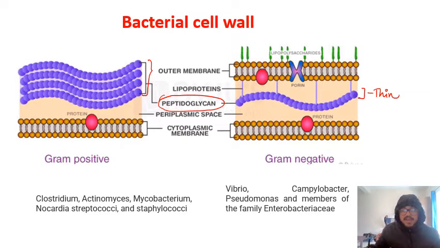Another important thing to remember is that in gram negative, this peptidoglycan layer is buried inside the lipopolysaccharide. Many antibiotics cannot cross this lipopolysaccharide, so they will be ineffective against gram negative, such as the penicillin group of antibiotics.